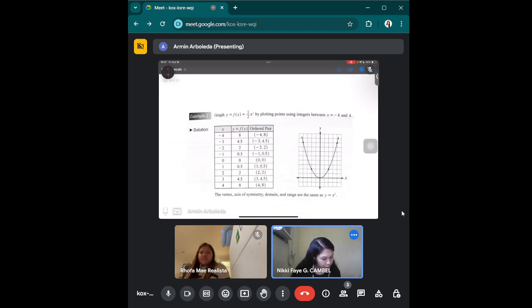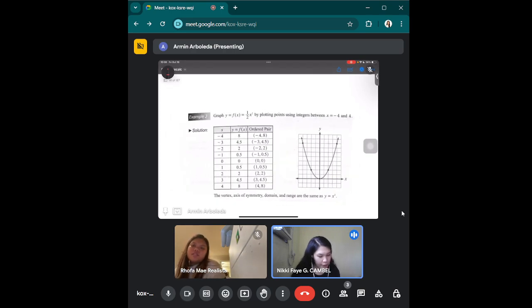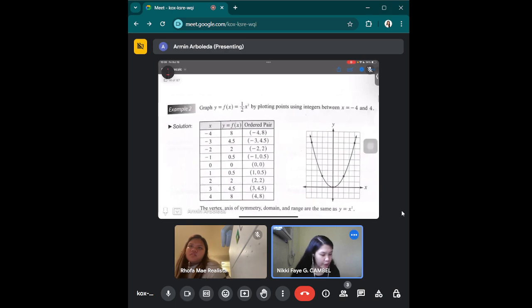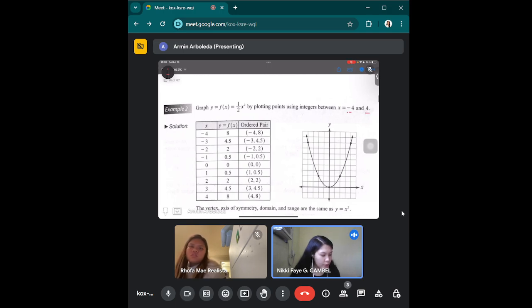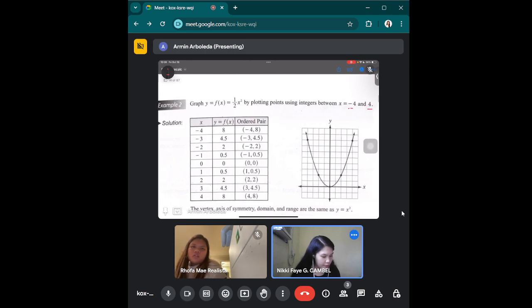So graph y is equal to 1/2 x squared by plotting the points using integers between negative 4 and 2. What did you notice? There's a fraction here, right? So, this one is telling us that the parabola got wider, right?